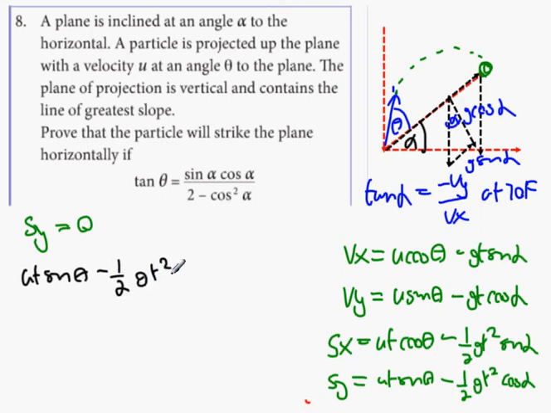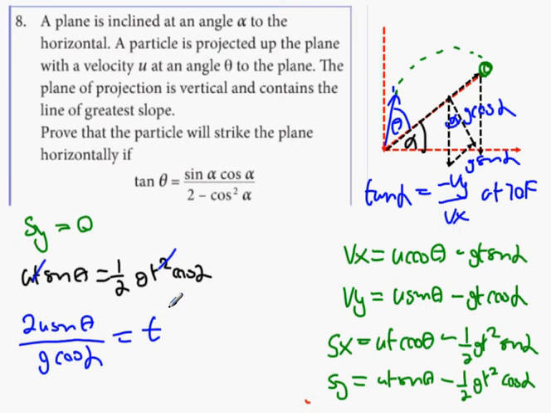What I can do there is turn that into the equal sign and cross off a t, this t here and this t here. Then we're going to have 2u sine theta over g cos alpha equals t.